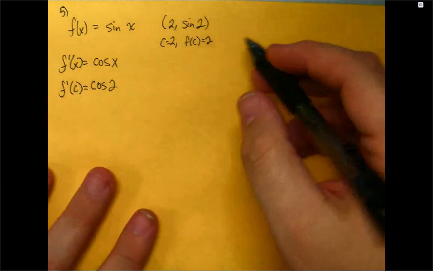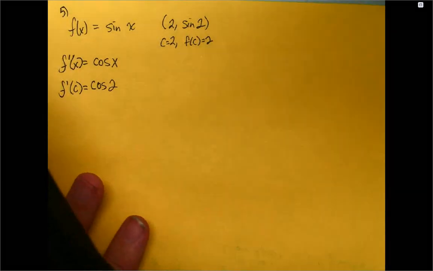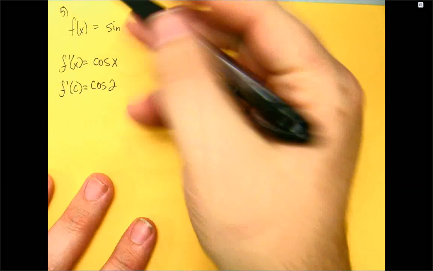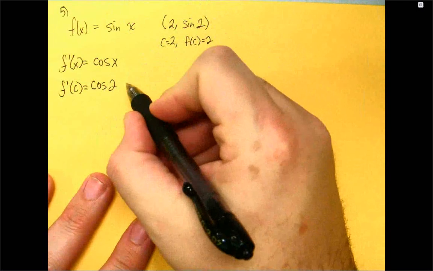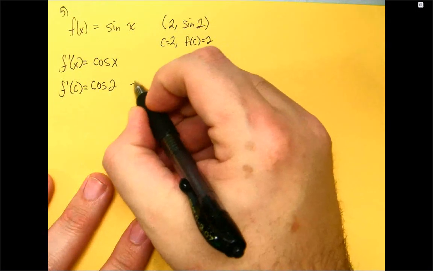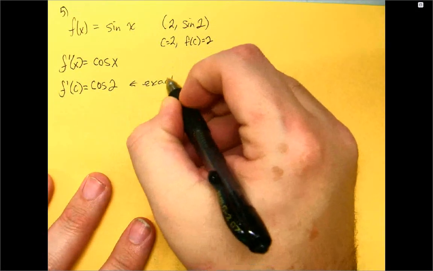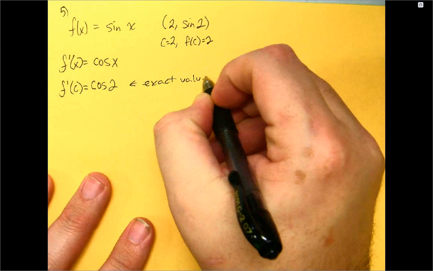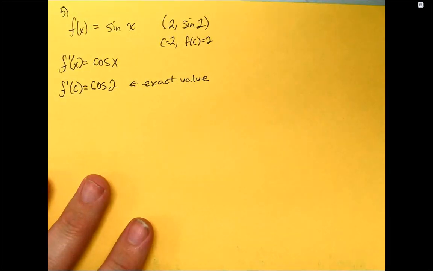Now, the reason why, let me make that a little bit brighter. What we're doing here is, that's an exact value. So we're going to keep it as an exact value.